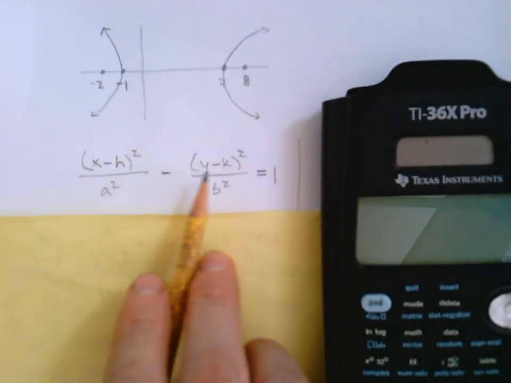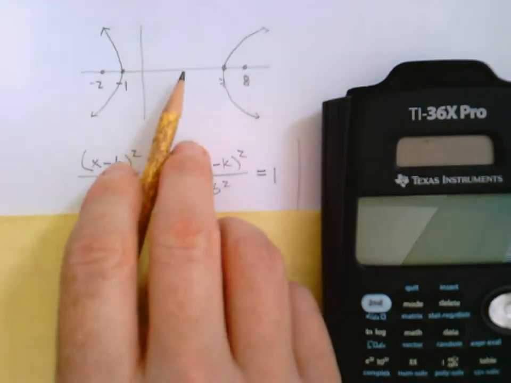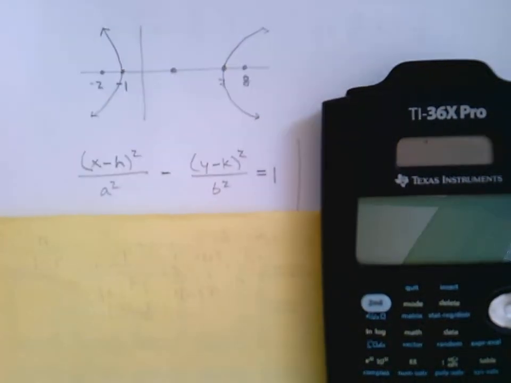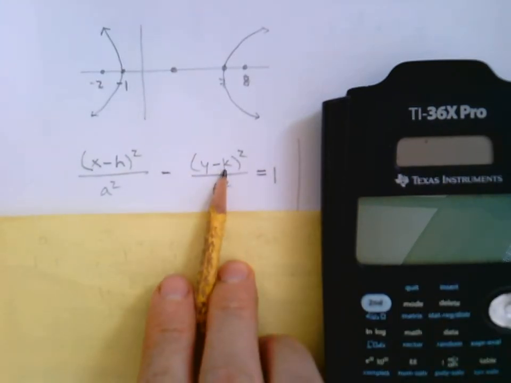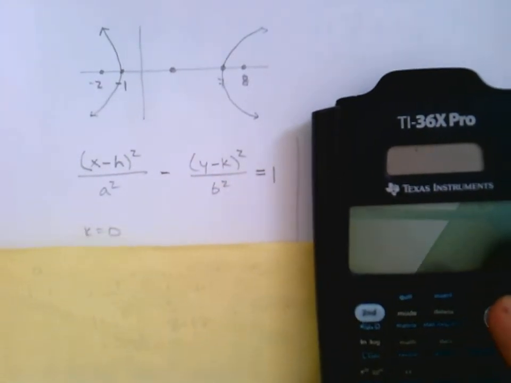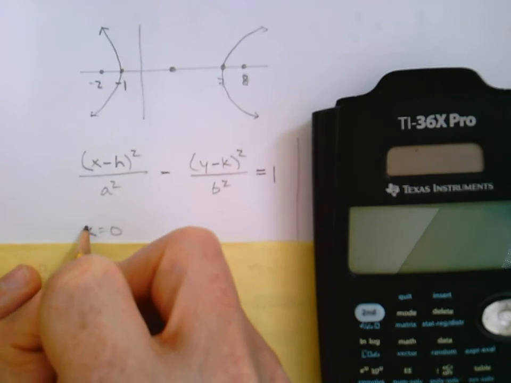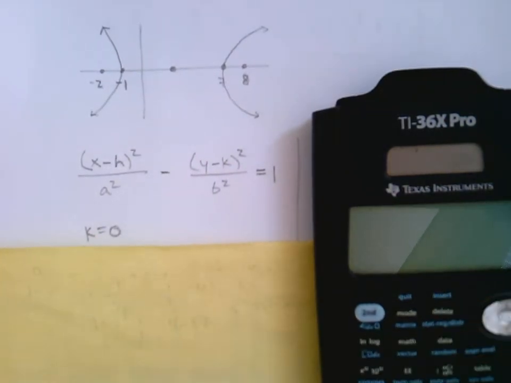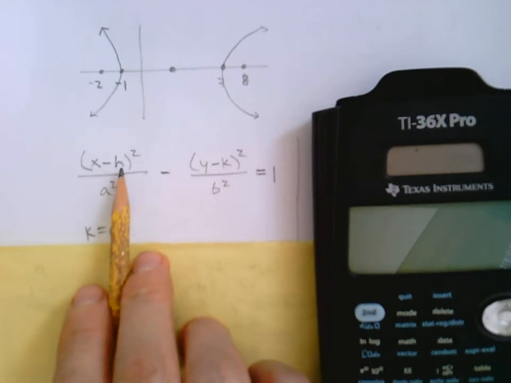Can we identify the center? Well, the center is going to fall right there in the middle. It's going to be on the x-axis. What does that mean for k? k is going to equal 0, the y-coordinate of the center. Maybe a bit more interesting, what is h?